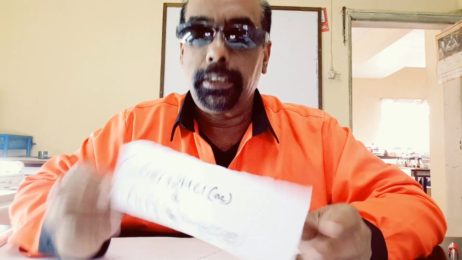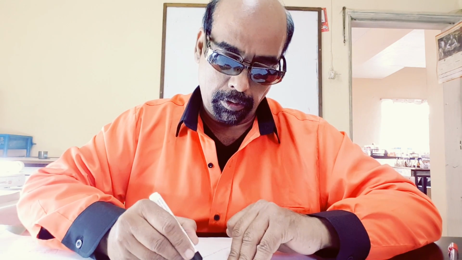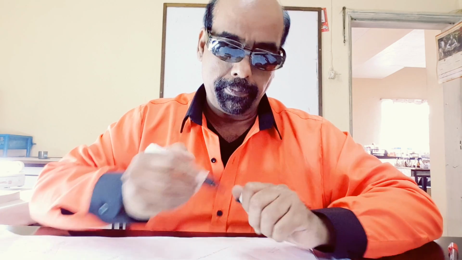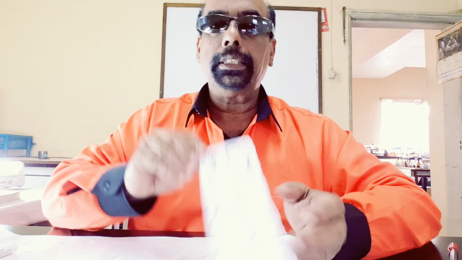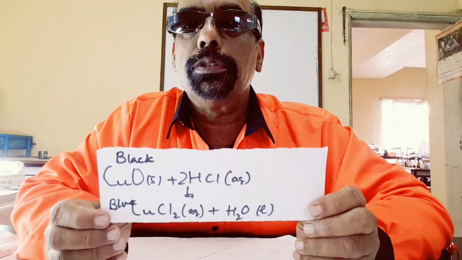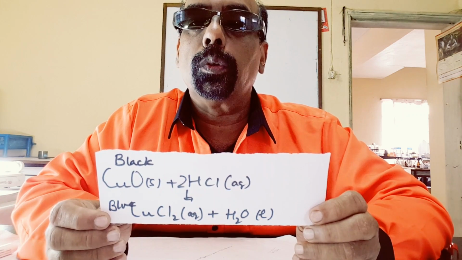Copper 2 chloride is formed. Copper 2 chloride is blue, whereas copper 2 oxide is black. So the black solid slowly dissolves in the acid to produce a blue solution, which is copper chloride.